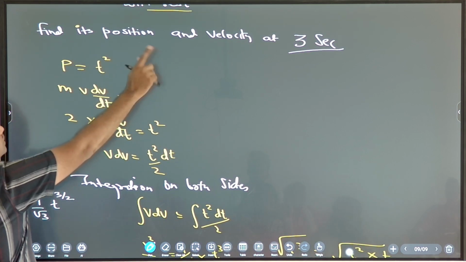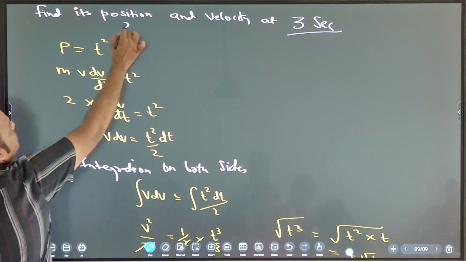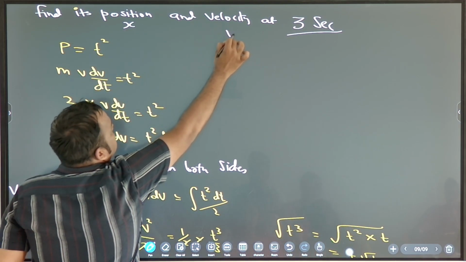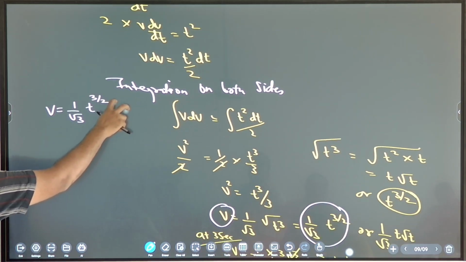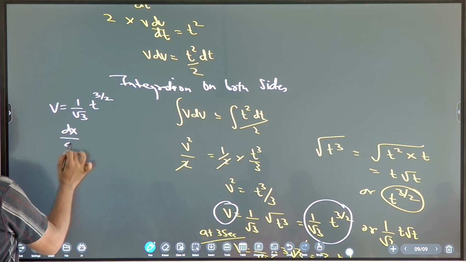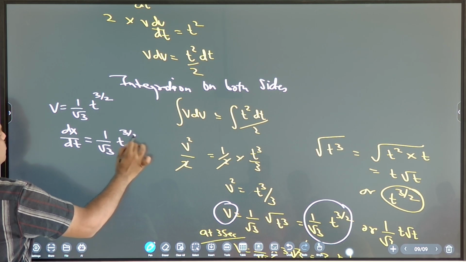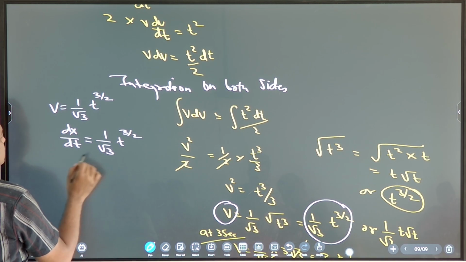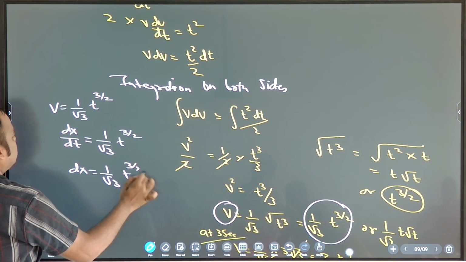Find its position and velocity at 3 second. Position means x, velocity means v. How to find position? What is v? dx by dt. Very good. dx by dt is 1 by root 3 t power 3 by 2. So dx is equal to 1 by root 3 t power 3 by 2 dt.